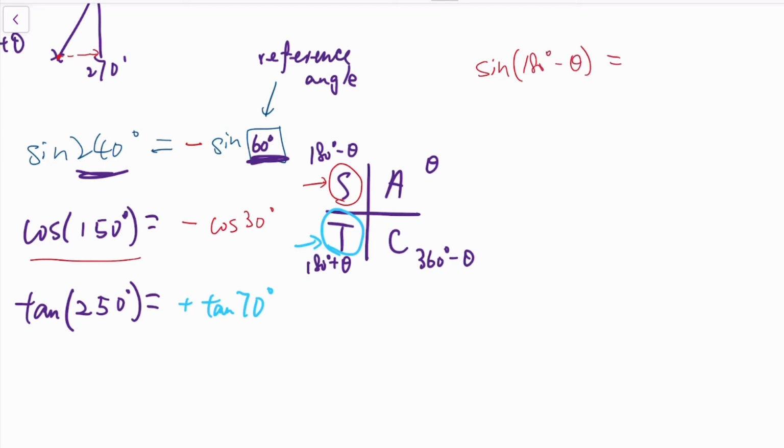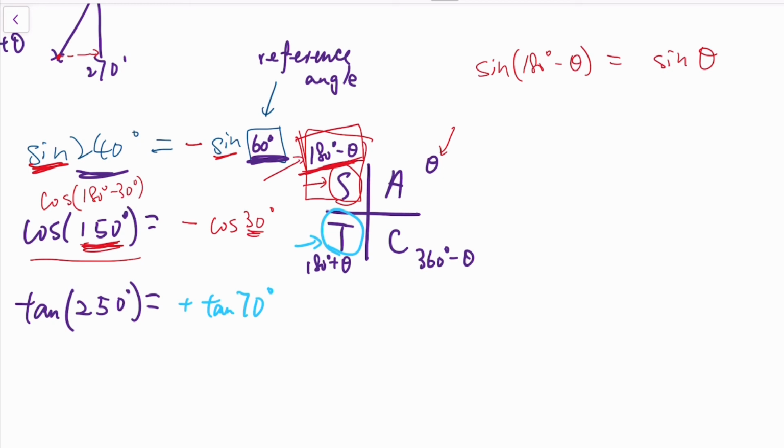Okay, it simply means if you take the sine of an angle in quadrant 2, well then, you would take the sine of the reference angle, okay? And if your angle is 180 minus theta, you must be in quadrant 2, and your reference angle would then be theta. Much like here, if it's 150, then your reference angle is 30, okay? That's exactly because 150 is 180 minus 30, okay? So in that case, theta is 30.